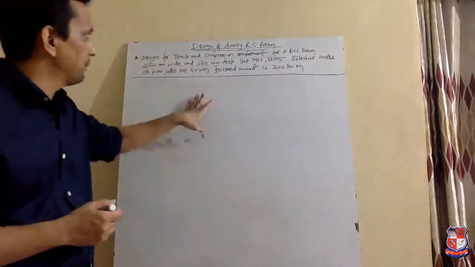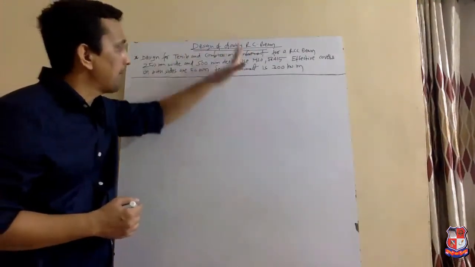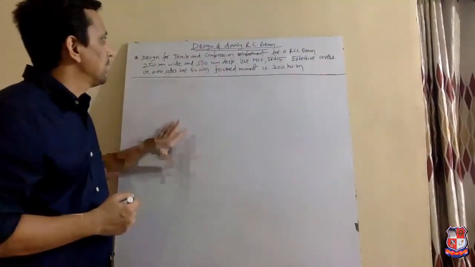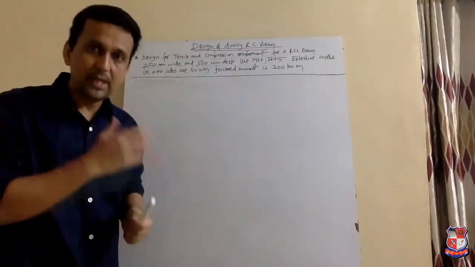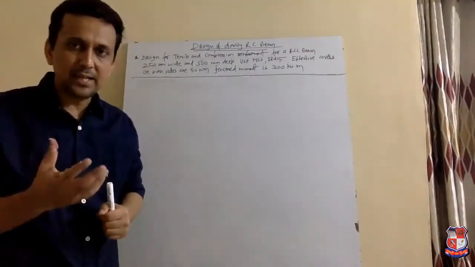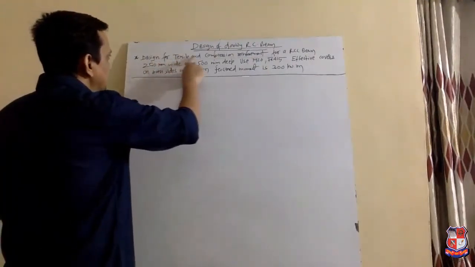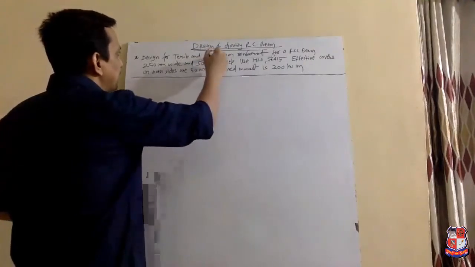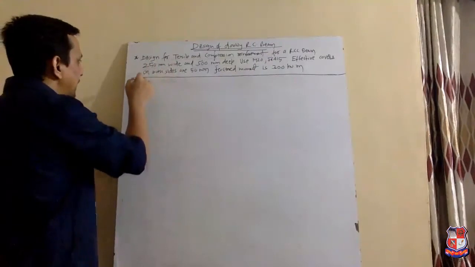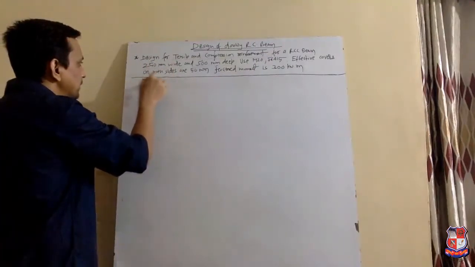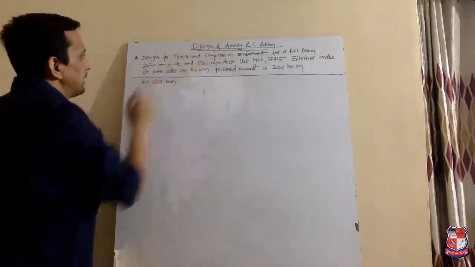So in our example, dimensions of the beam are given, factored moment is given, properties of the material M20 Fe415 are given. We need to find the reinforcement detail. Design tensile and compression reinforcement for an RCC beam 250 mm wide, means width of the beam is given 250 mm, and 500 mm deep.